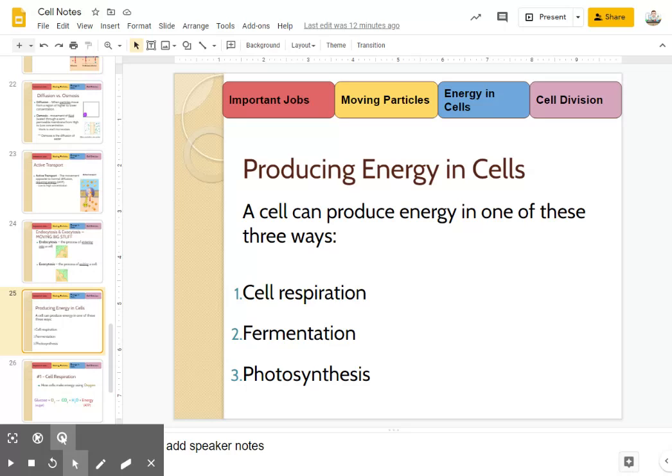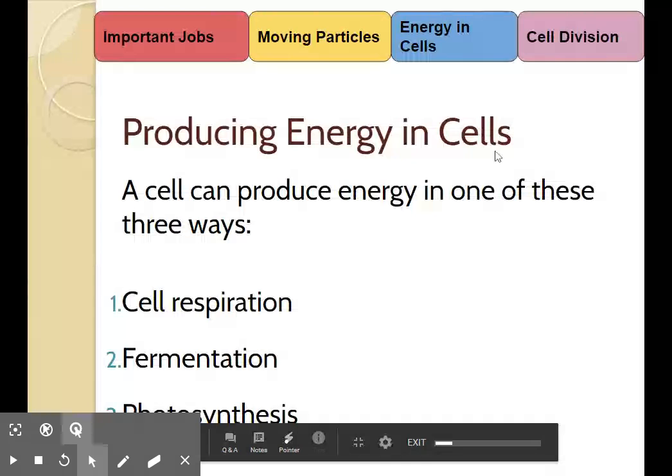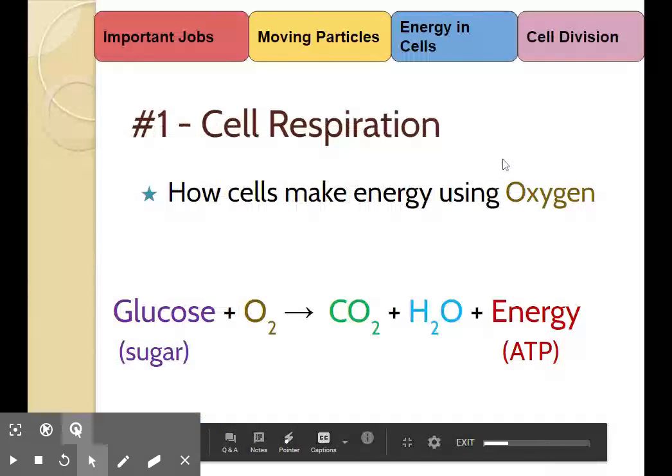I just clicked out of that because I had a tough time seeing the screen. Cell respiration, fermentation, and photosynthesis. We're going to talk about each one of those 3. Our first one will be cell respiration. Now, this is how your body normally works.